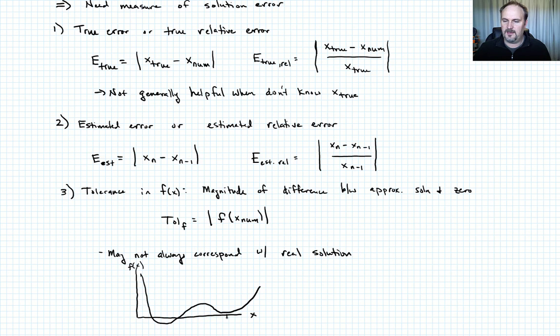If this is my x num, the function evaluated there is very close to 0, but this is the true solution. So even though I'm close in the tolerance, I'm not very close in my actual solution for the 0 of the function. That's the pathology of using this.